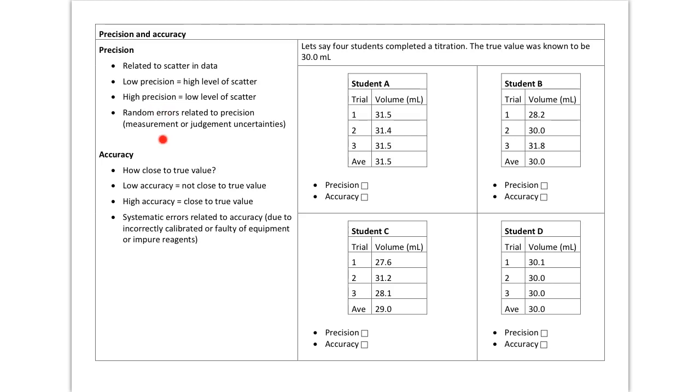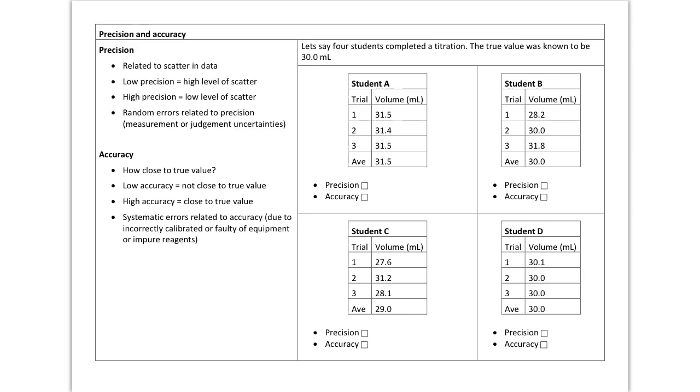So they are the measurement or judgment uncertainties in an experiment. So is your eye level with the meniscus when you're measuring it? Did you get the end point the same in every case? Is that shade of colour that's changed with the indicator changed to the same shade in every case?